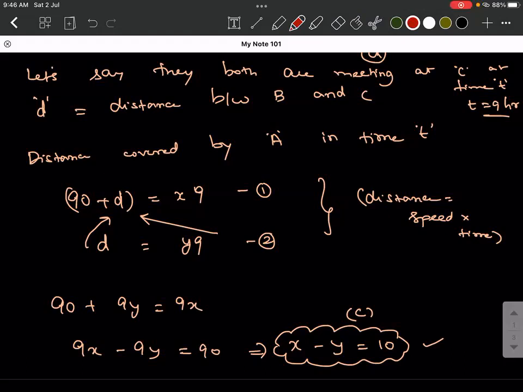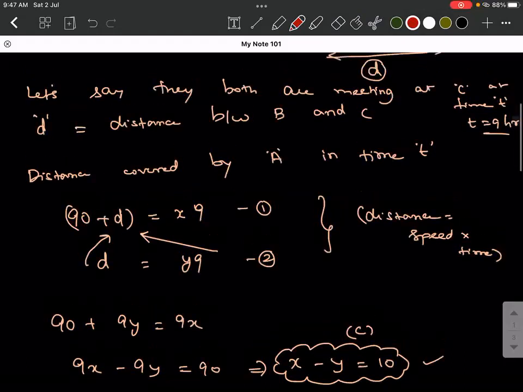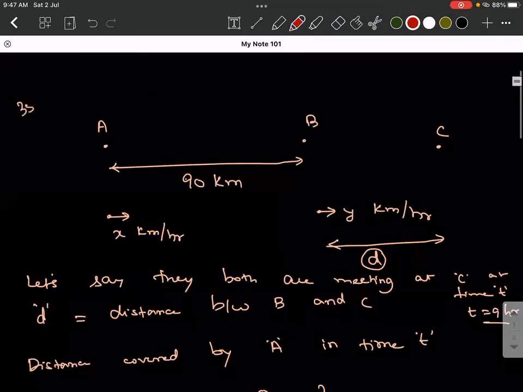This is fine. So this is 35th problem, right? MTG, what is the page number?